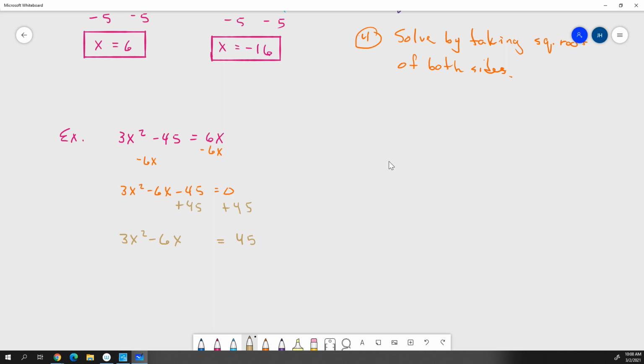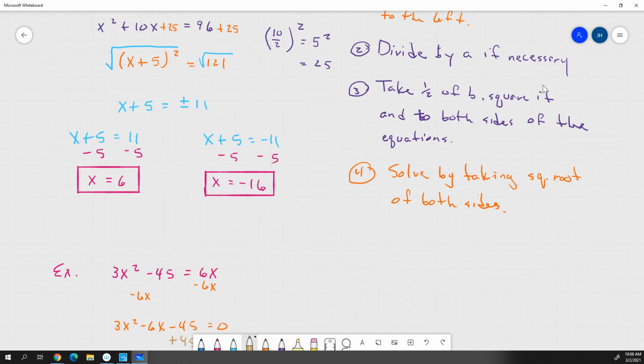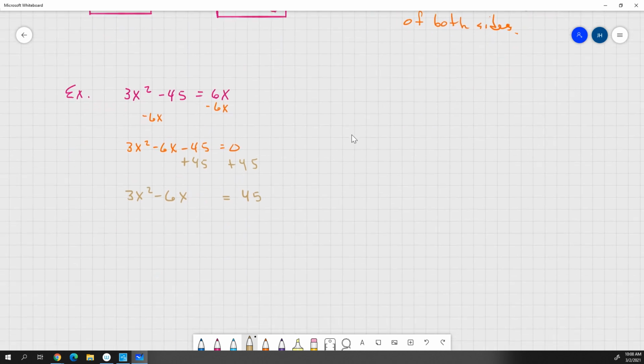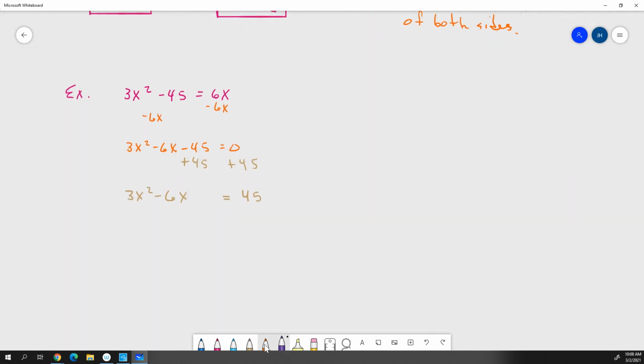The next step says, well, if my A term is not 1, then I have to divide every piece by A, right? So I'm just going to go through. A is 3, so I'm going to divide this by 3, this by 3, and this by 3. And I'm going to get x squared. 6 divided by 3 is 2x equals 15.